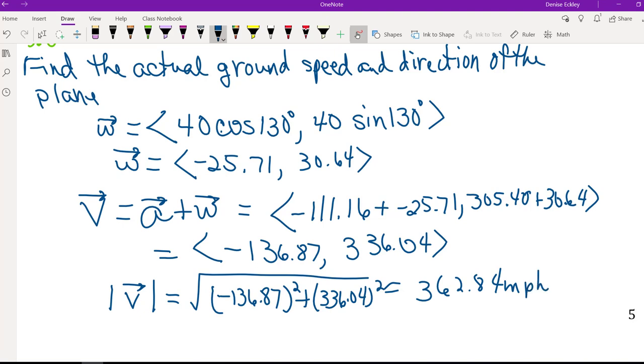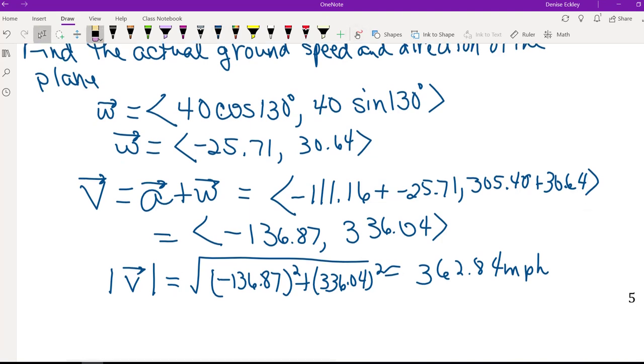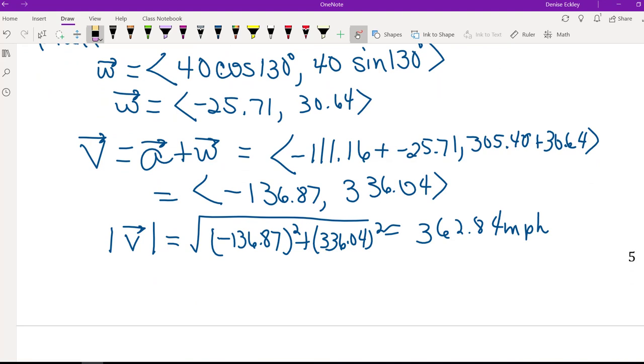And now to get the angle, we're going to do what we did in an earlier problem, which is work backwards from the magnitude. So the absolute value of V times the cosine of theta has to equal the x component, I'll just call it little v1.